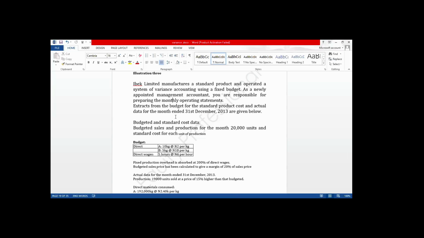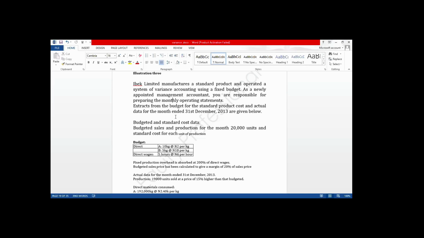Extracts from the budget for the standard and actual data for the month ending 31st December are given below. Budgeted sales and production: 20,000 units. That means the plan is to produce and sell 20,000 units.